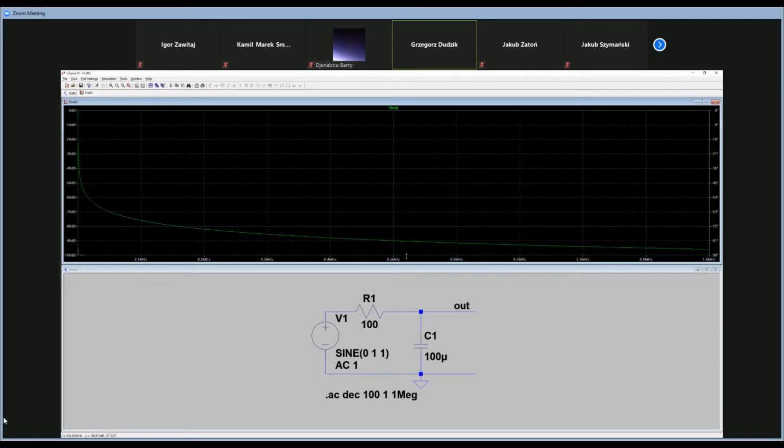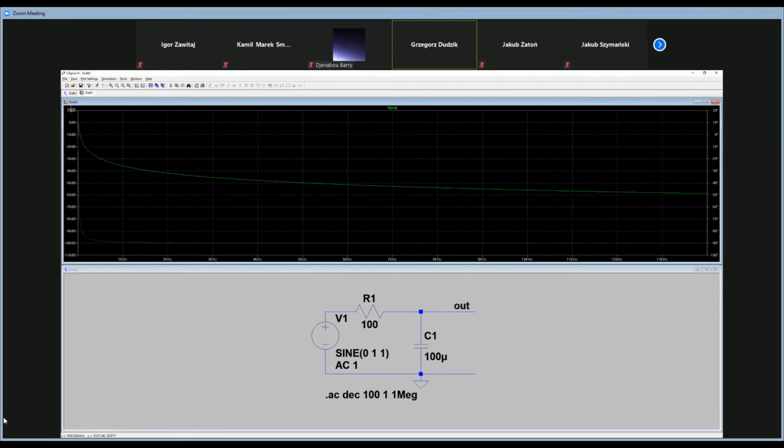Okay. I will change the, sorry, where is it, here it is. I will just focus on what happened at the beginning here, and again.